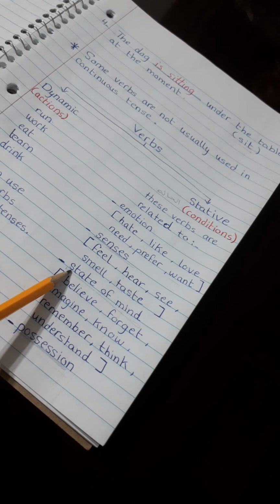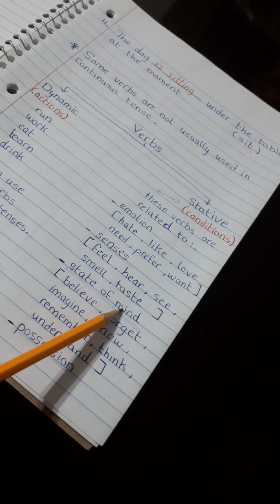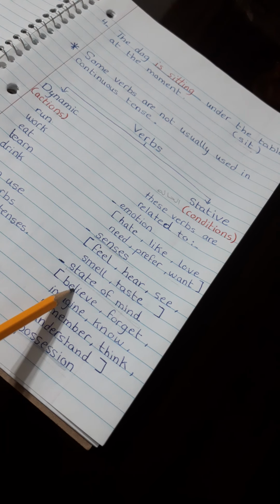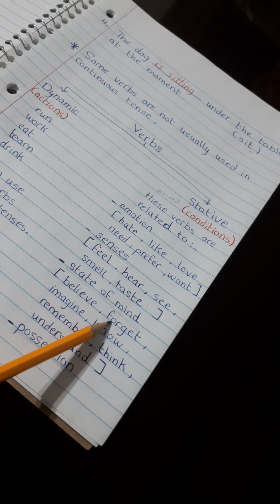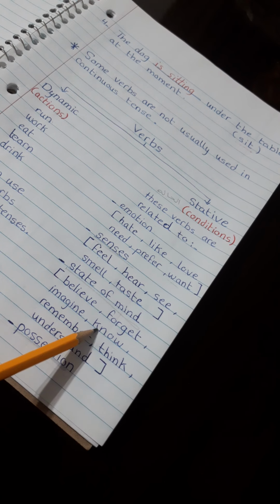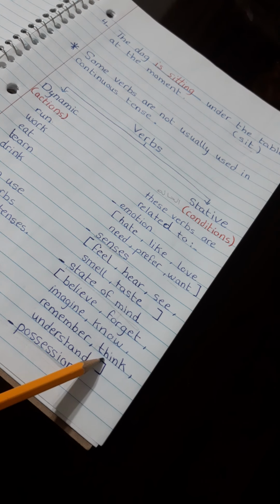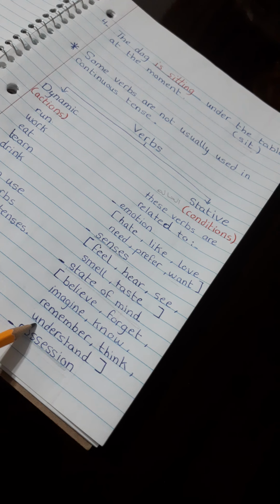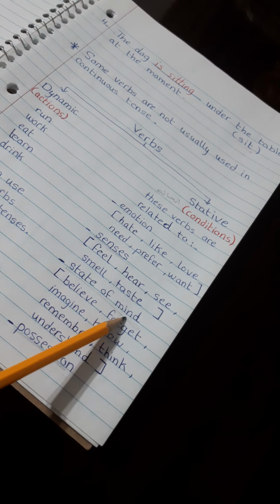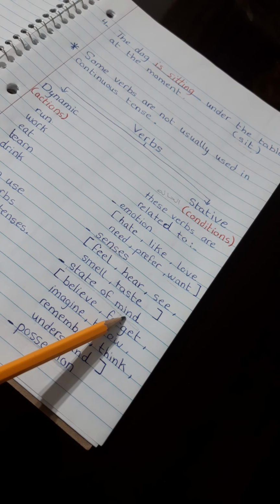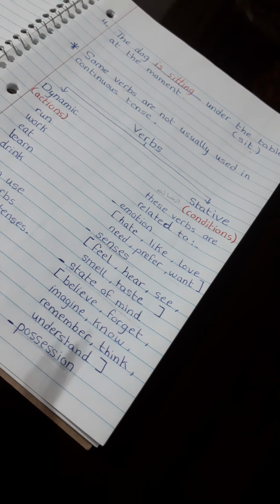Another verbs here that are related to state of mind, something related to our mind، إشي بتفكيرنا، اللي هو believe, forget, imagine, know, remember, and think, and understand as well. These verbs are related to a state of mind, and we call them stative verbs. شو يعني stative verbs؟ Stative verbs, these verbs that we cannot use with ing, with the continuous.